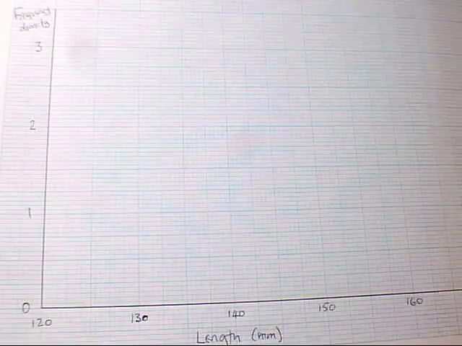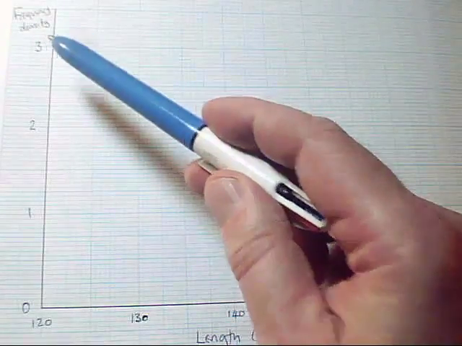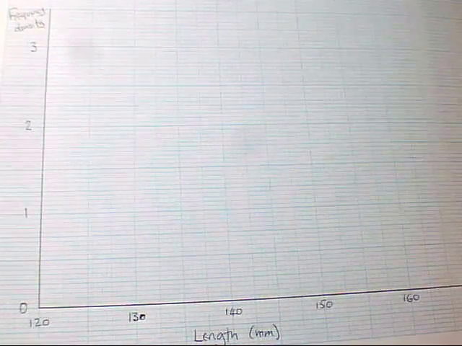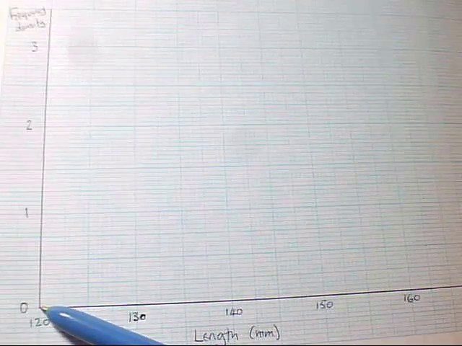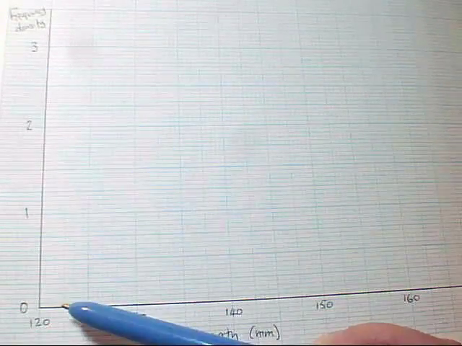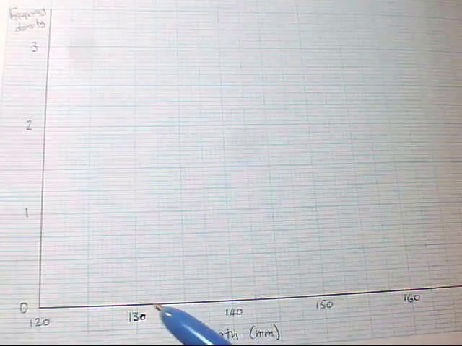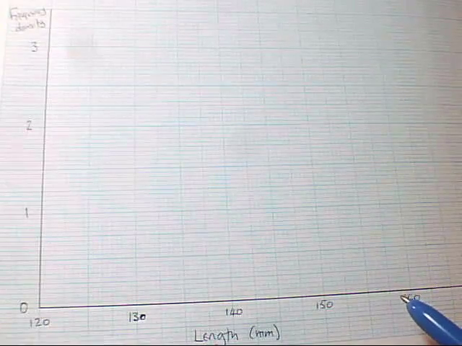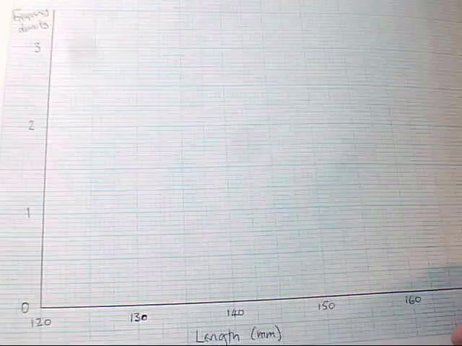So here are the axes I've chosen. Notice I've got labels on my axes, frequency density and length, and for the length I also need millimetres. My frequency density scale must always start from 0. I'm not allowed to truncate this, but for my horizontal axis it would look ridiculous if I tried to start this scale at 0, so I have truncated this scale. I am now going to take the data from the table and transfer it onto here.